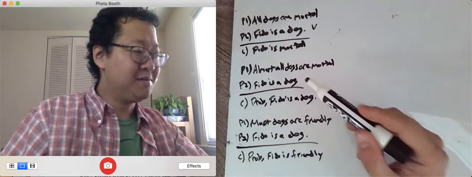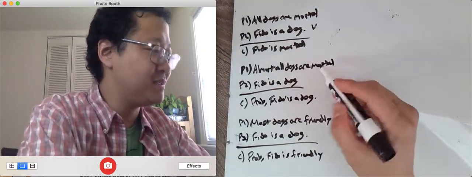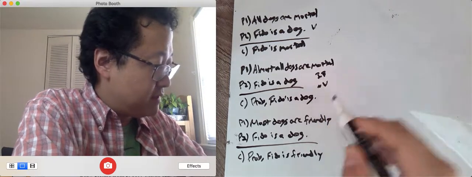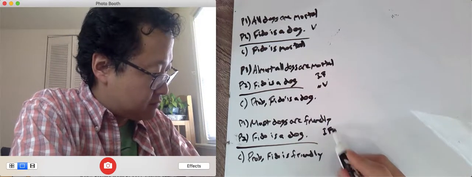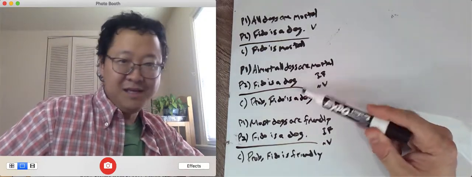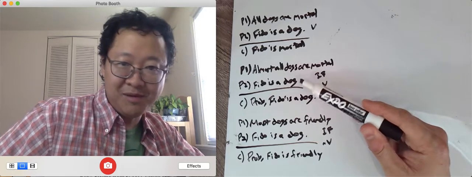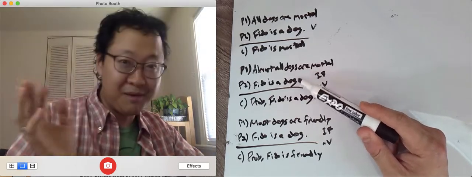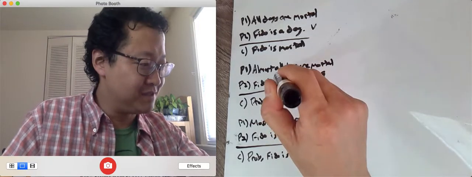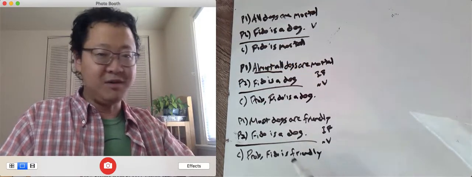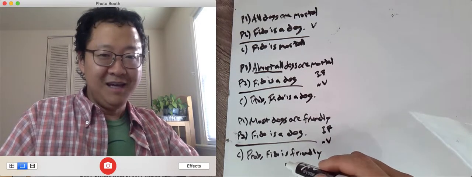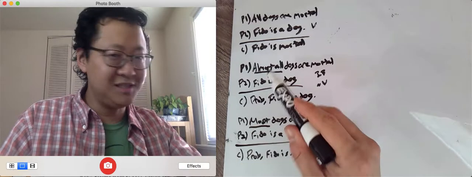But if you compare these two arguments, this one is also inductively forceful, not valid, and this one is inductively forceful, not valid, okay? But with this one, if the premises are true, the conclusion is very likely to be true because we have this almost all. For this one, most dogs are friendly. Fido's a dog, therefore probably Fido's friendly. This quantifier, it's a little bit weaker.